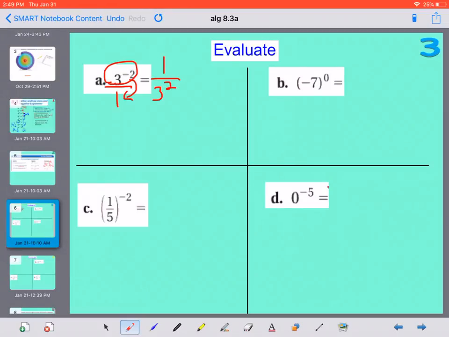Now this says evaluate. So we're going to do a little bit more like the simplify, but we're going to make it a little bit more simplified. So I can do 3 squared. So that's actually just 1 over 3 times 3, which is 9.